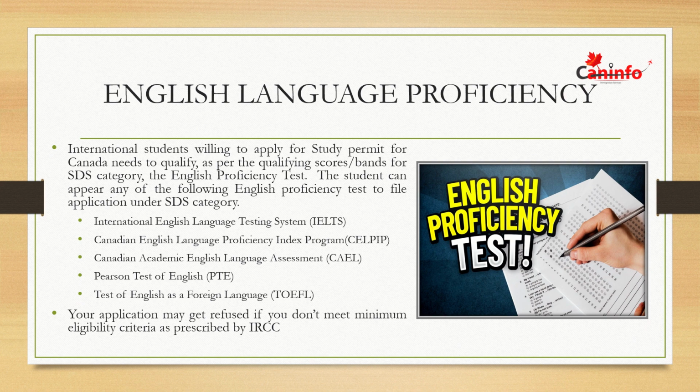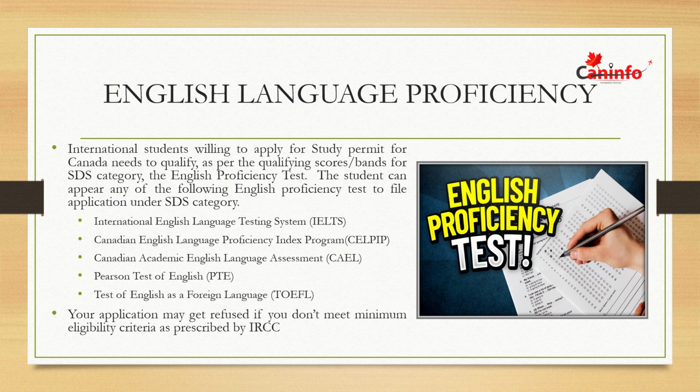English language proficiency. You should have English language proficiency. They have defined a few testing systems which you can opt for to get your English proficiency certificate. You can appear for IELTS, CELPIP, CAEL, PTE or TOEFL.